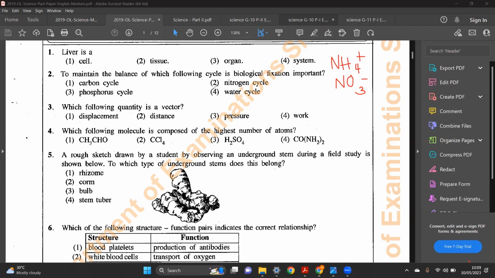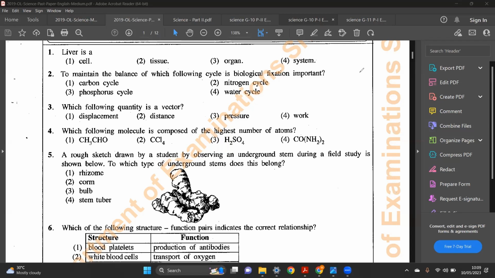All right, then when we move into the third question, that's physics for you. Which of the following quantities is a vector? That's one of the very first things you learn in your unit 2, I believe. We know that you have two types of quantities, scalar quantities and vector quantities. The scalar quantities are very simple.